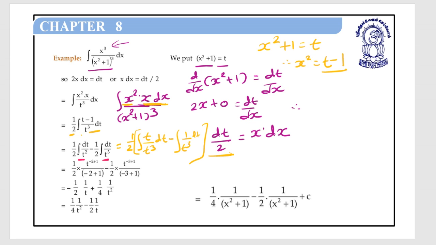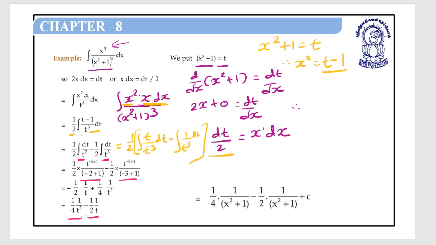So 1 upon t square means t raised to minus 2. So it becomes t raised to minus 2 plus 1 upon minus 2 plus 1, minus 1 by 2 into t raised to minus 3 plus 1 upon minus 3 plus 1. So 1 by 2 into 1 upon t, plus 1 by 4 into 1 upon t square. So 1 upon 4t square minus 1 upon 2t.